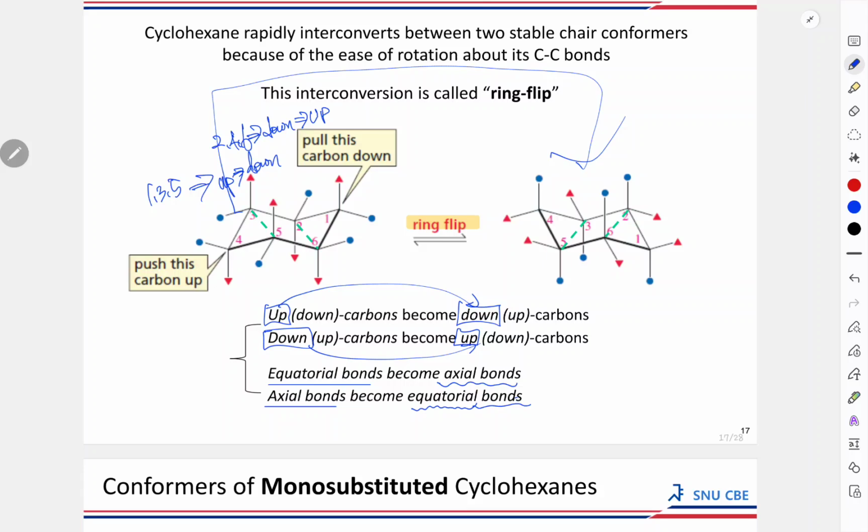That's the change you should remember before and after ring flip. The character of carbon changed, and also the nature of bond changed from axial to equatorial and equatorial to axial. If you remember this, then you can draw the ring flip conformer without any error.